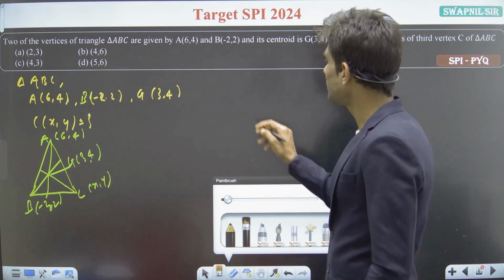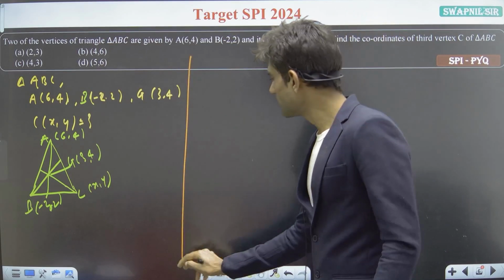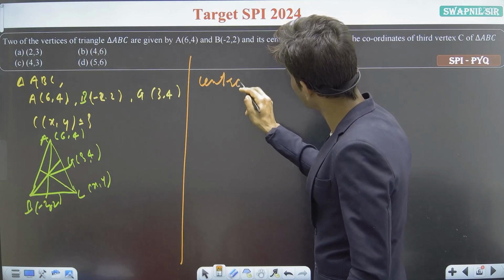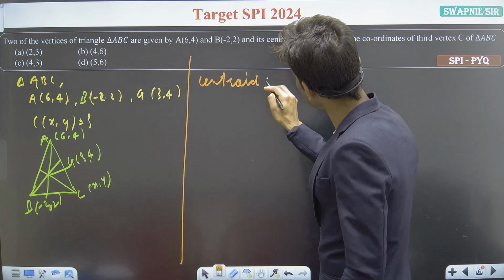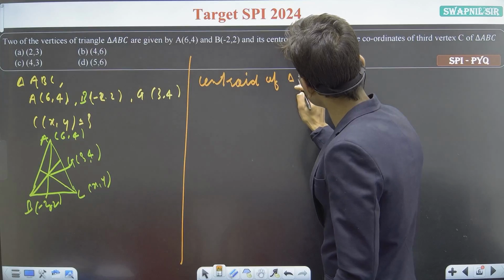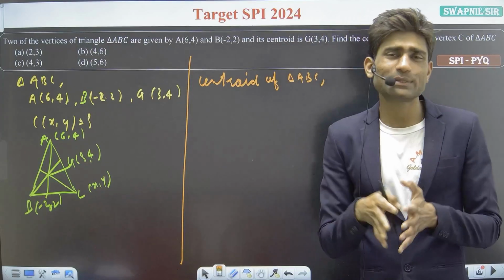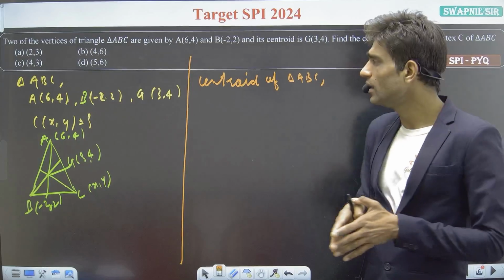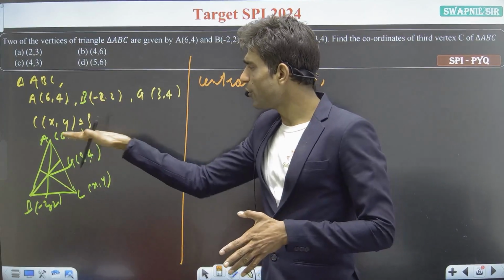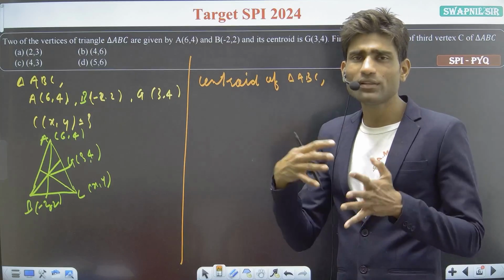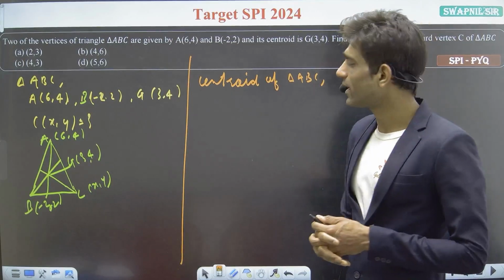Let me explain the general formula first. If we have A of x1 y1, B of x2 y2, C of x3 y3, and we want the centroid of our triangle as G.